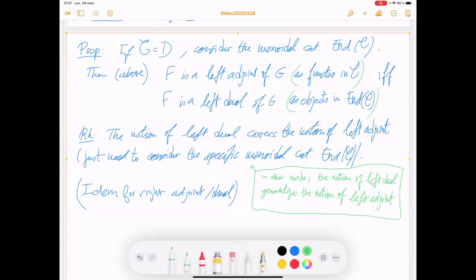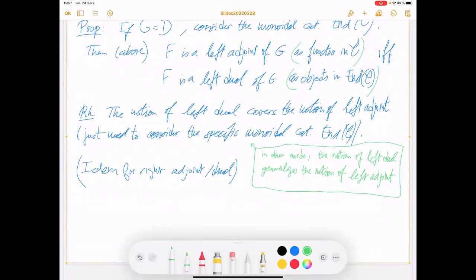So that's good. The notion of left adjoint in category theory is a very deep tool. So it's good for this deep tool to be covered by a notion for the monoidal category we are working with.